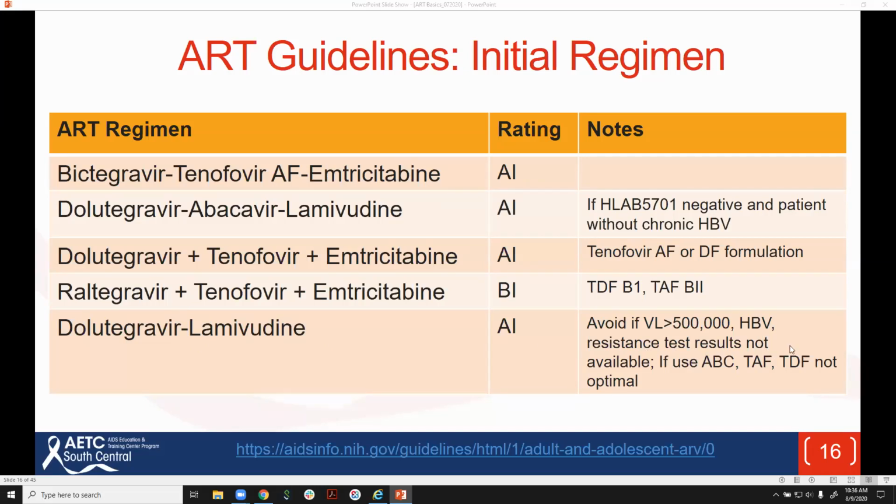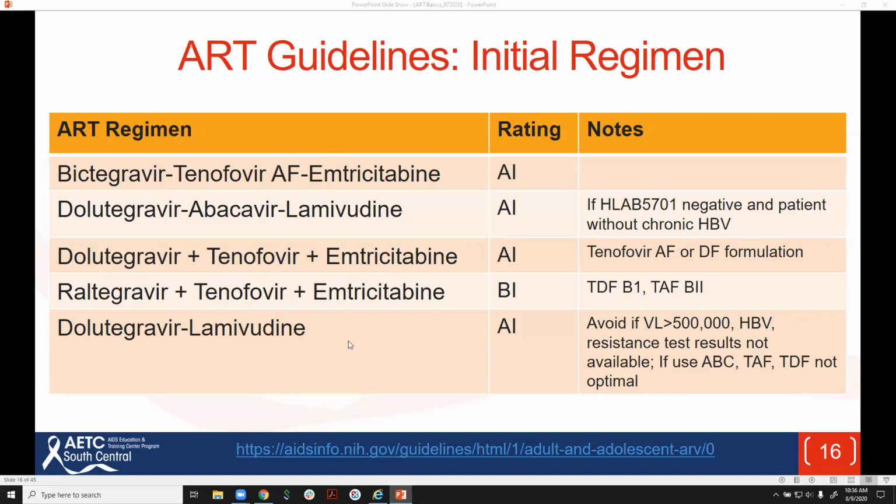Again, we want to know what someone's HIV resistance is. However, with Rapid Start, we can start antiretroviral therapy. Again, we can start one of these regimens without knowing someone's genotype results from the resistance testing that you sent, because it's predicted that most people will be infected with a virus that is sensitive to the first-line agents.